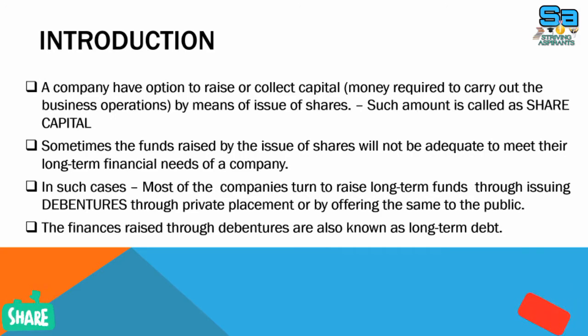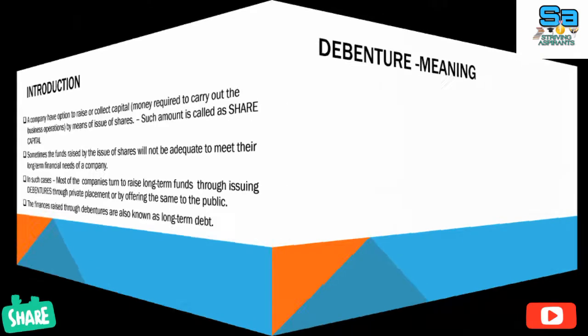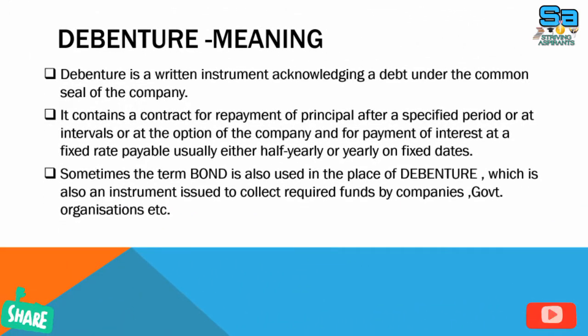What is a debenture actually? A debenture is a financial instrument or written instrument, and this will be acknowledged with a debt under the common seal of the company. Here there will be a contract for the repayment of the collected amount after a specified period.